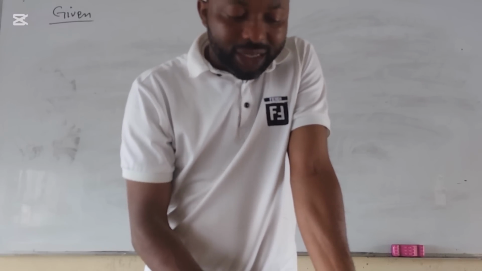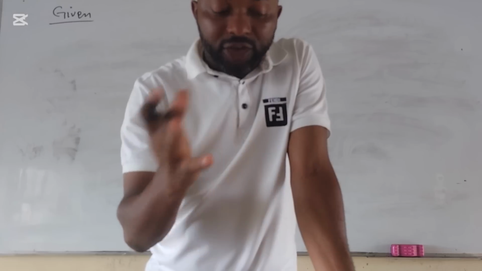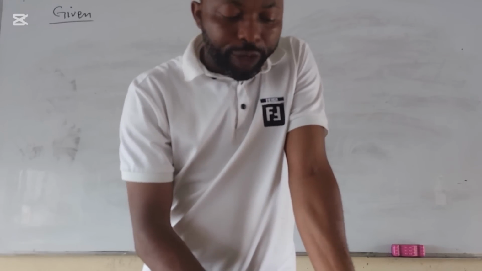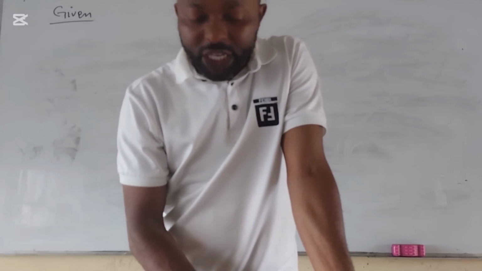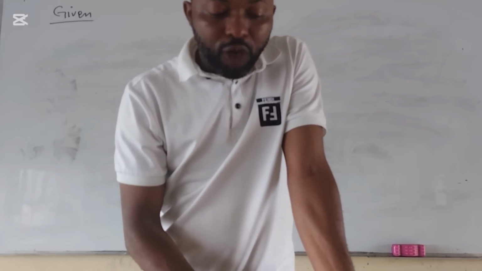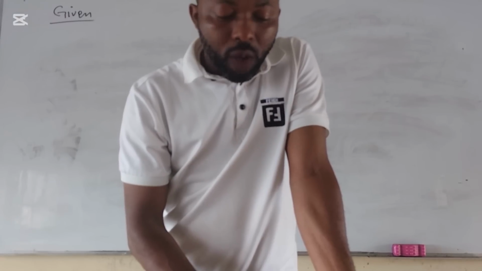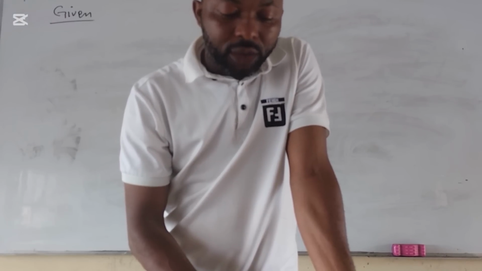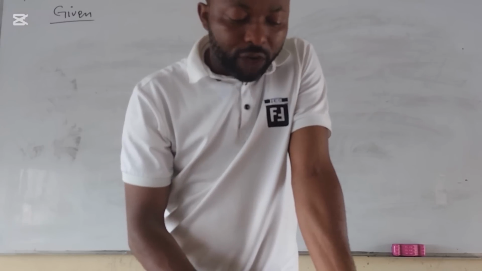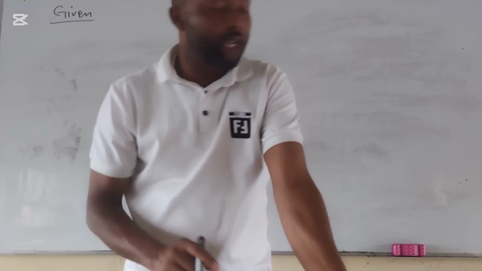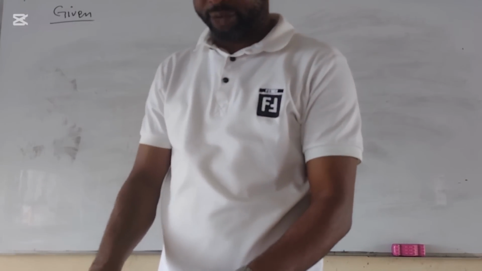If 41.63 cm cube of A, that is of the acid, reacts with 25 cm cube of B, calculate the concentration of A in mol per dm cube, the number of water molecules in 1 mole of ethanedioic acid crystals, that is the value of x, and the percentage by mass of water of crystallization. So let us list out the given.